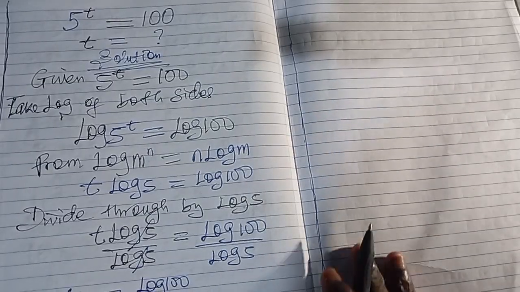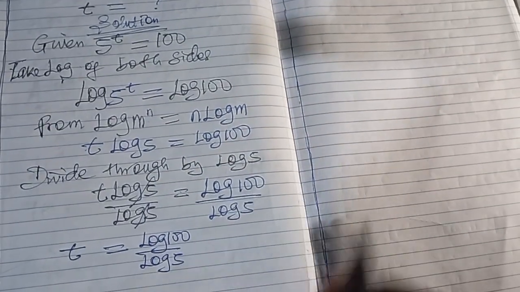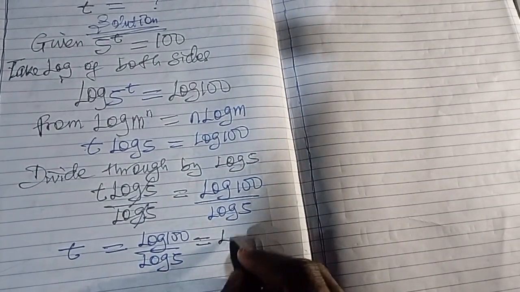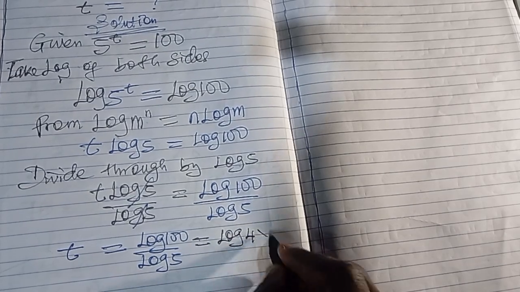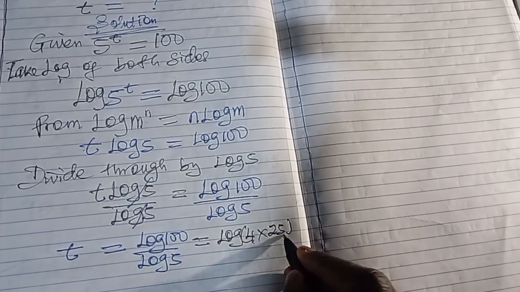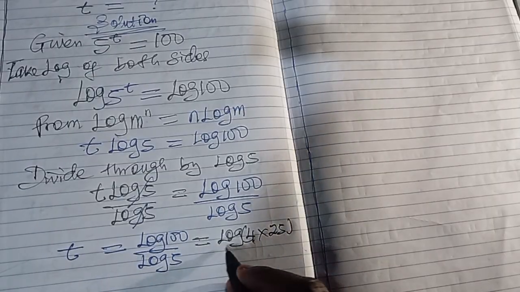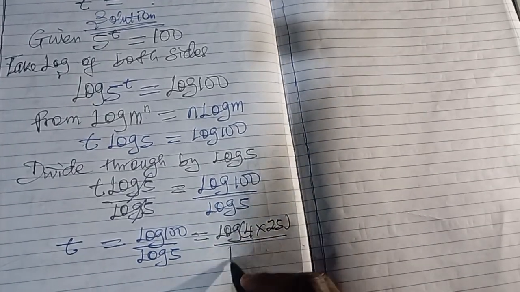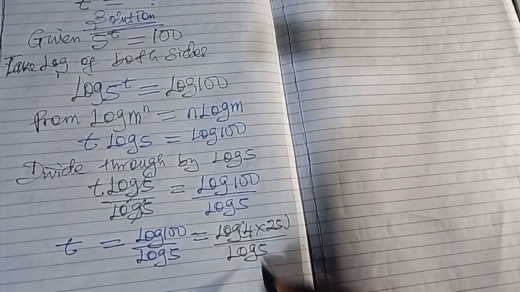We can further express this as log of 4 multiplied by 25, because 4 times 25 will give us 100. So all divided by log 5.